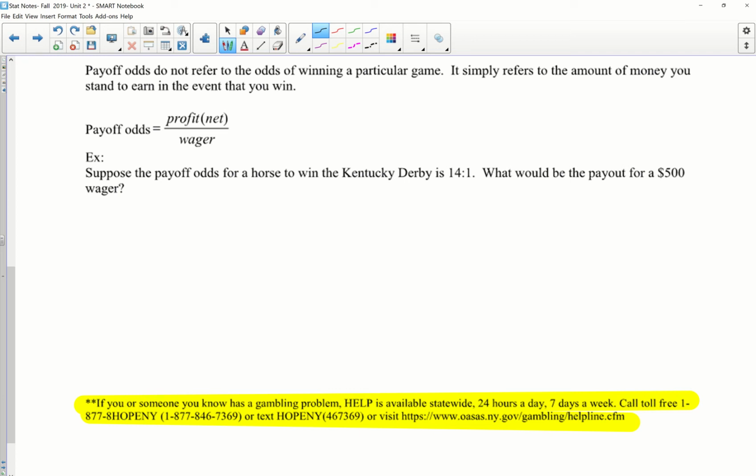In this case, they don't really clarify whether you get your wager back. So we're going to make this a class rule. Assume you get your wager back unless told otherwise.